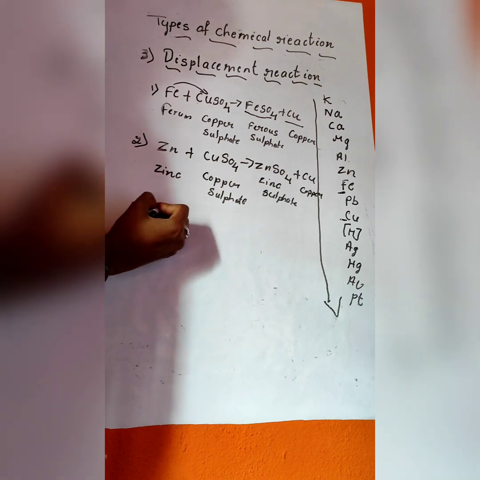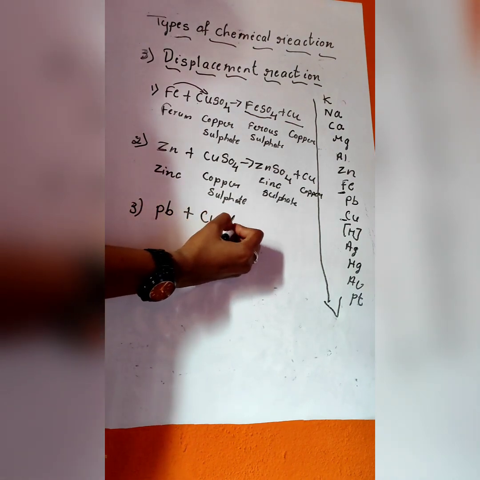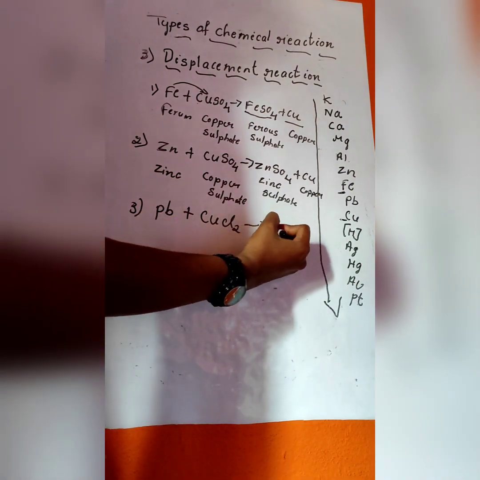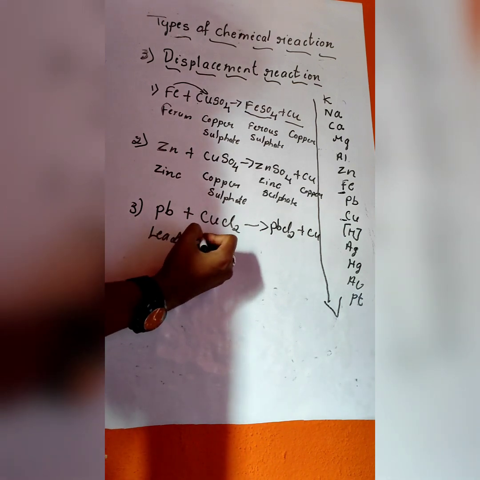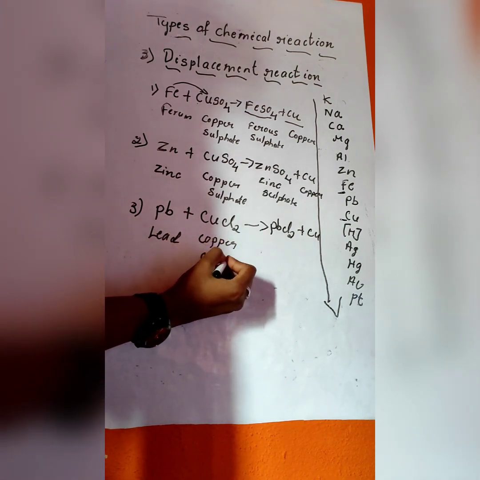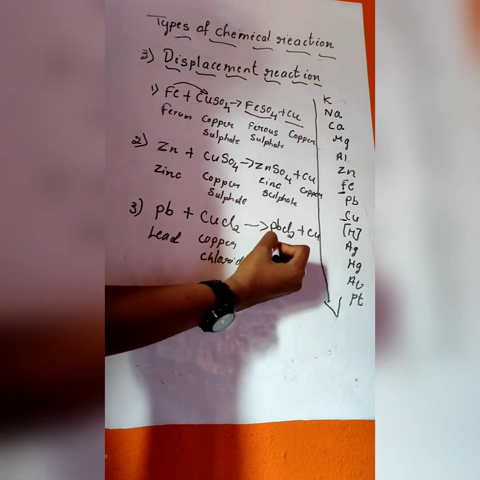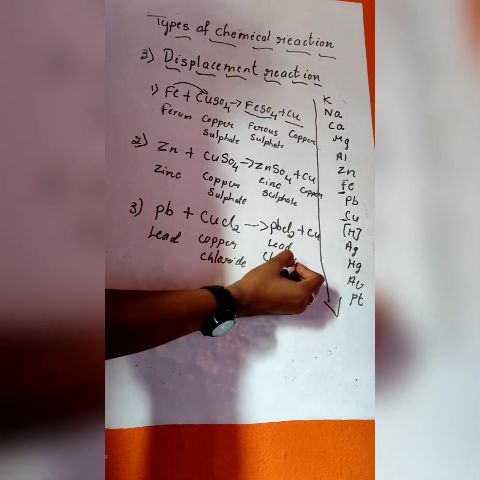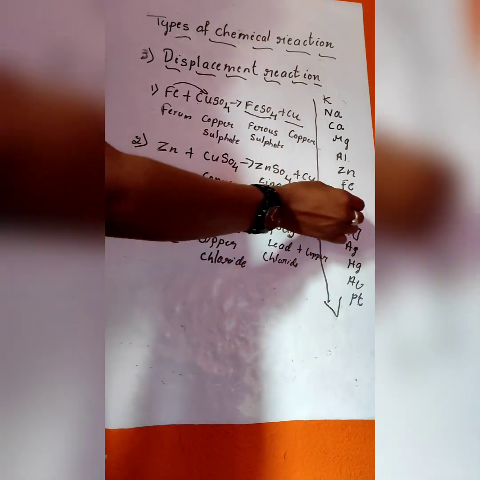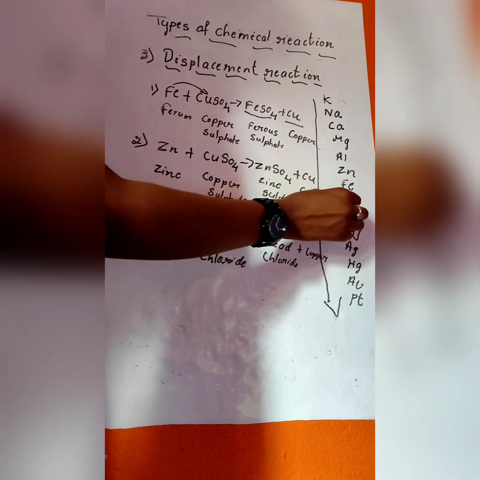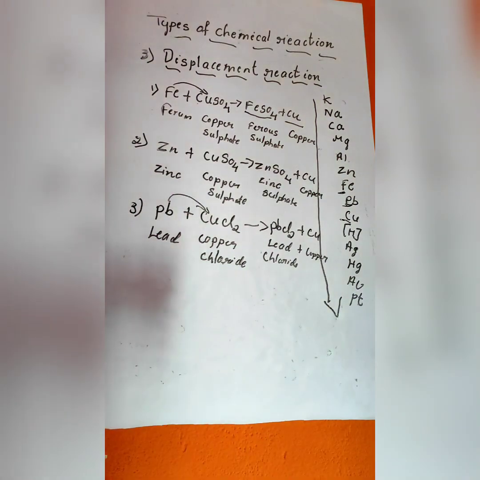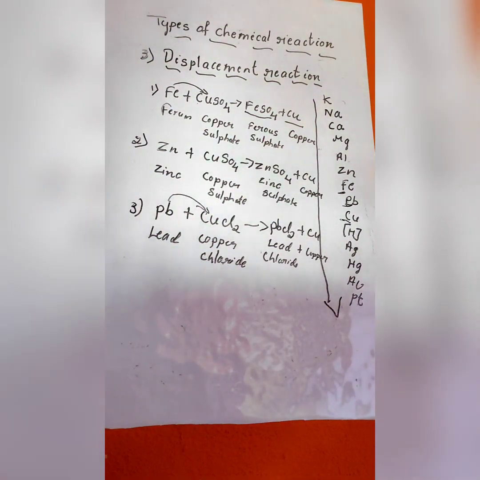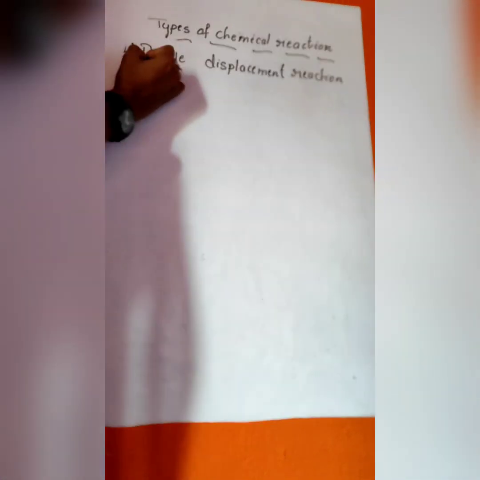Third example, lead plus copper chloride, forming lead chloride plus copper. Another name for lead is plumbum. You can write plumbum also. I have written only lead here. You can see here, lead is present first, later copper is present. So lead is more reactive than copper, so displacement will take place. All these three are examples of displacement reaction.